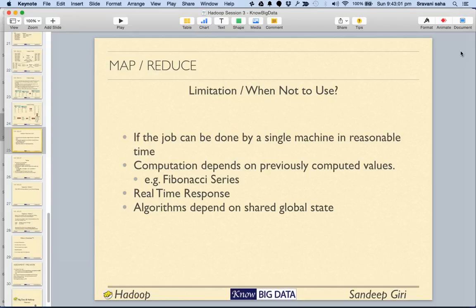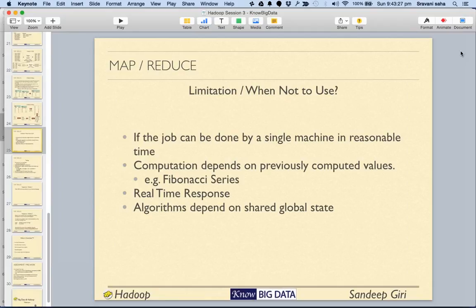Next is when your algorithm depends on a shared global state. Imagine that you have to crawl data across the globe, and before crawling, you have to check against a central service, right? So imagine there is a big file of URLs that is your input data.